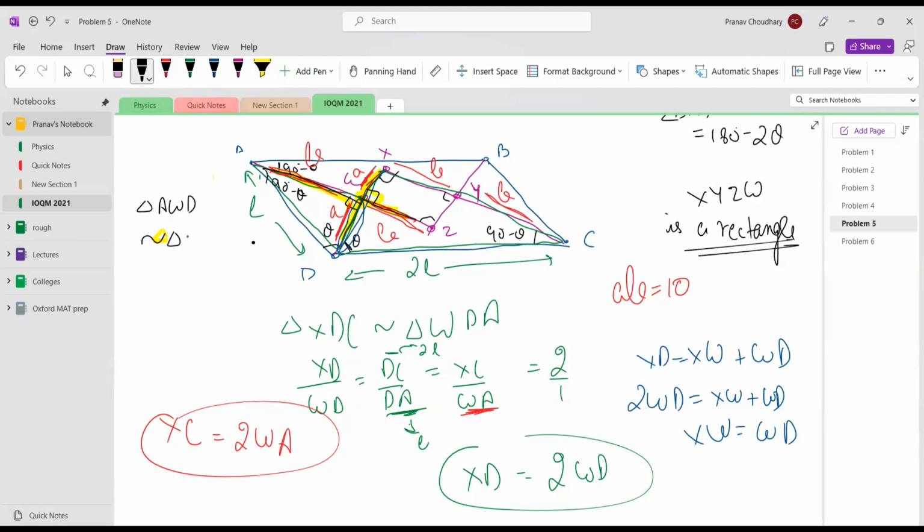Triangle AWD is similar to triangle ZWX. So the area of AWD over the area of ZWX will be the square of AW over ZW.